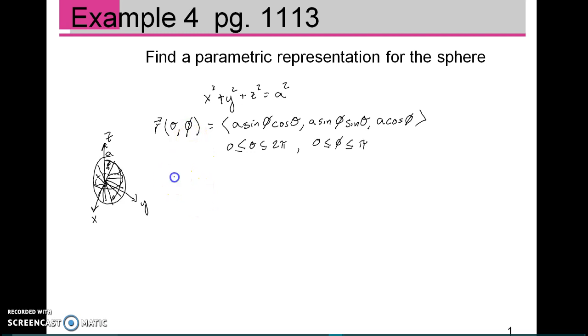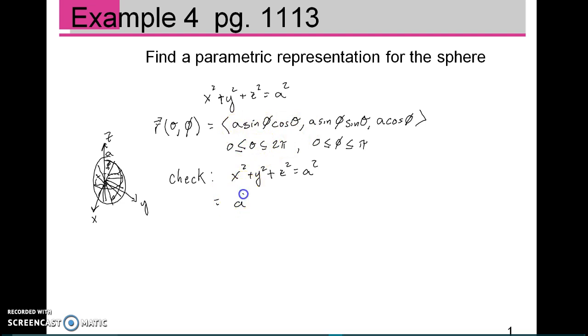One thing I want to do here is check that this is a good parametrization. So let's check. We know that x squared plus y squared plus z squared equals a squared. So let's plug in our parametrization.